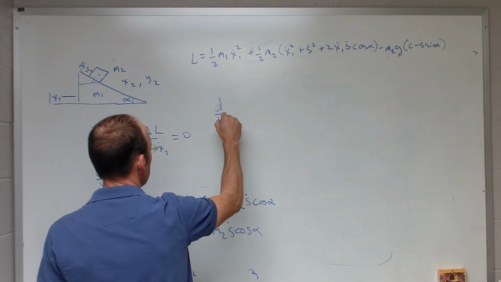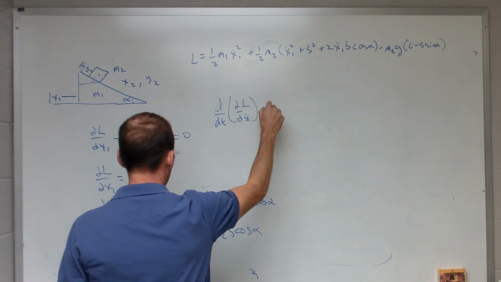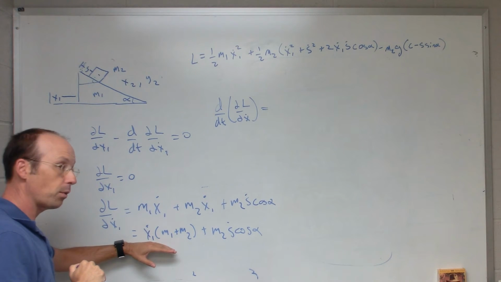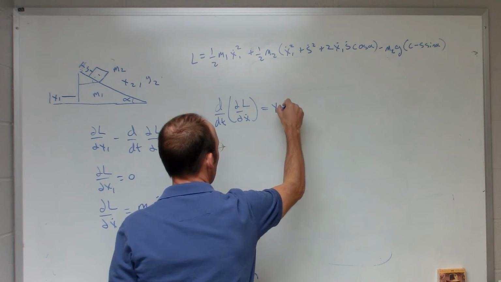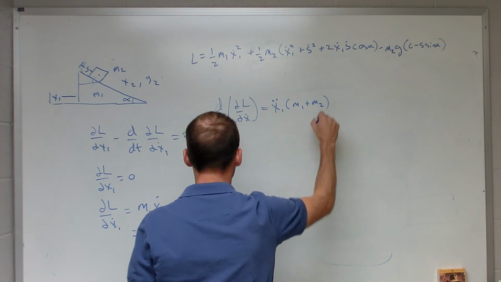d/dt of the partial of L with respect to x1 dot is going to be equal to, well here, that's a constant. Take the derivative of x1 dot with respect to t, I get x1 double dot times m1 plus m2.